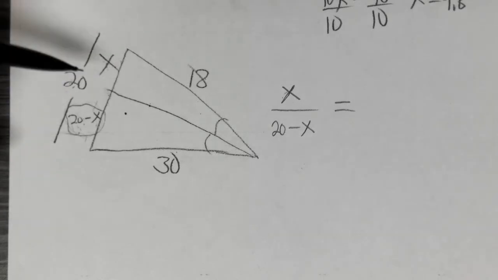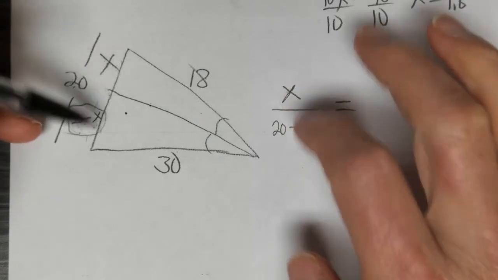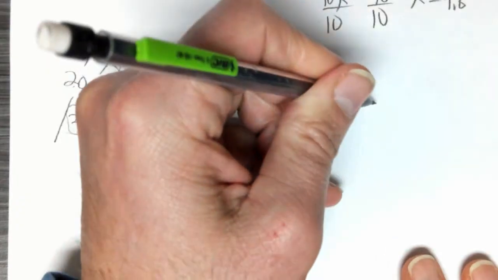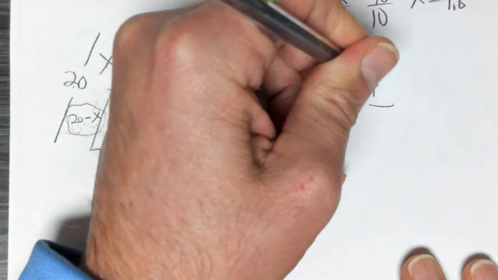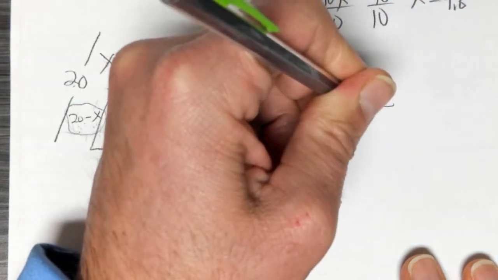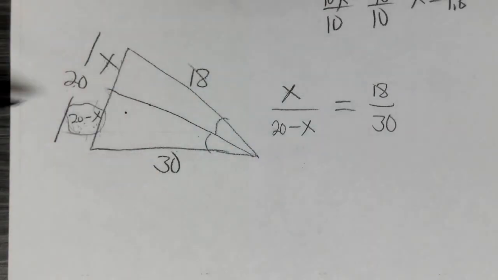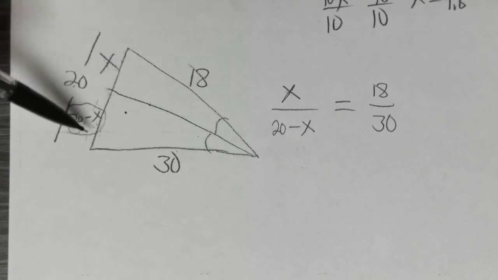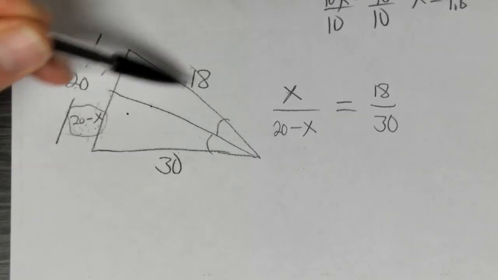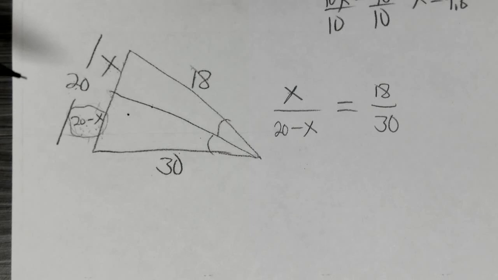Okay? So these two pieces are proportional to the other two sides. So when I make my other fraction, it's going to be 18 over 30. So again, just make sure you go in the same direction. If you use top over bottom for this one, you've got to use top over bottom for the other sides to keep it correct.